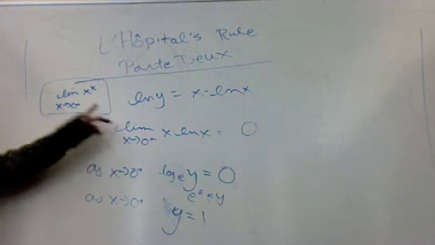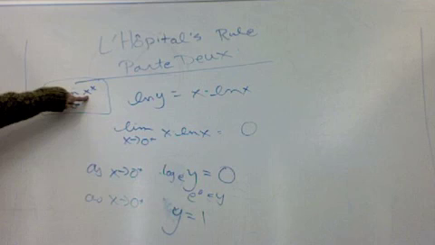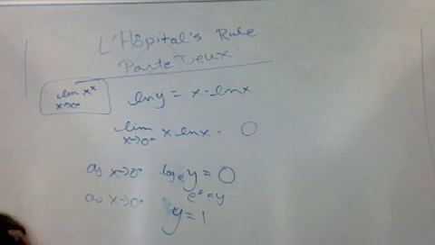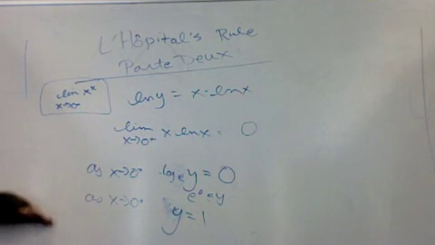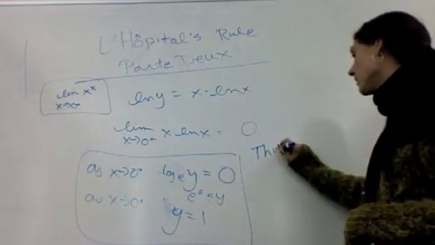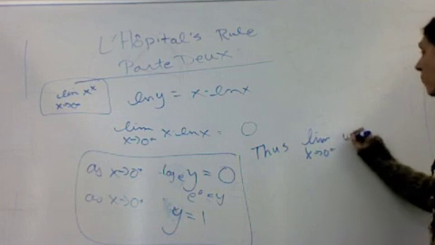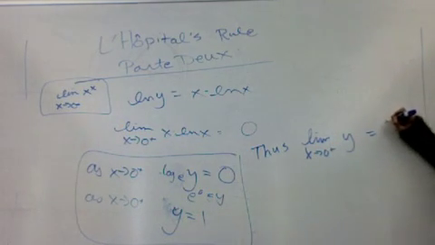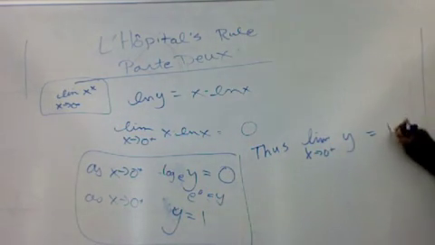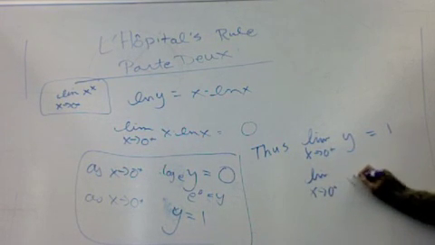So that's my answer. You have to do this extra little step to solve for y. We don't want the answer for ln of y, which is what I got in the first step. So thus, I took the limit as x goes to 0 of y, and I got 1. So the limit as x goes to 0 of x to the x is 1.